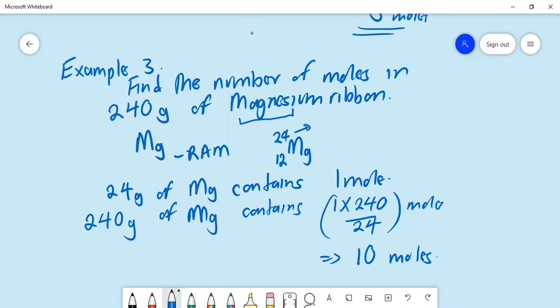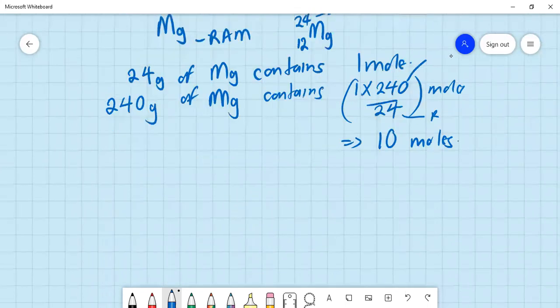We shall see that the upper thing here is the mass given. This one is the RFM or something like that. That means there are the number of moles. And now deriving a formula.